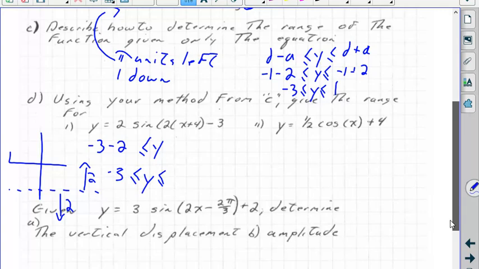That does look like a 3. And -3 plus 2 is -1. There is my amplitude. By looking at that range, are there any x-intercepts to this graph? No, the maximum point is -1.